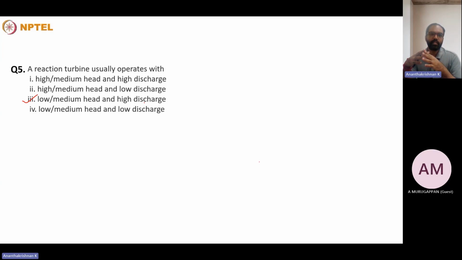In the case of reaction turbine, it can work in all types of head, but the specific application is low or medium head. And in order to provide the same power, it should have a higher discharge. So the answer is option 3, low or medium head and high discharge.